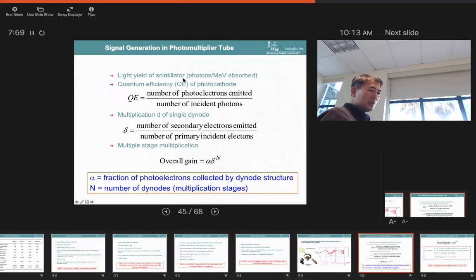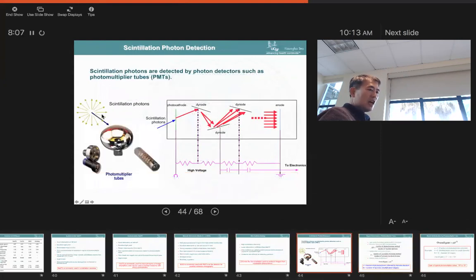Okay, that's the light yield of a scintillator. Now, the next thing you want to know is the quantum efficiency of the photocathode. Let's look at this diagram one more time. We want to know how many scintillation photons are generated per given interaction, assuming we know the energy of the incident high energy photon. These scintillation photons then hit the photocathode.